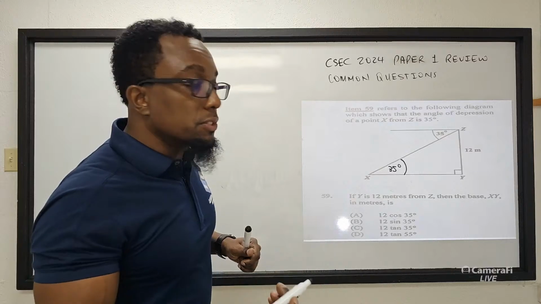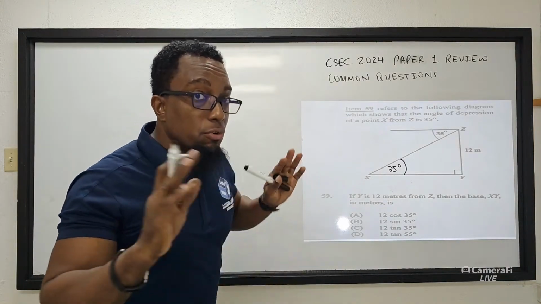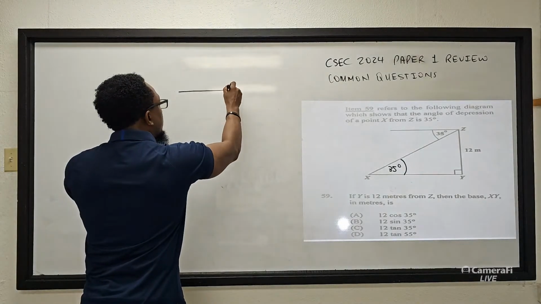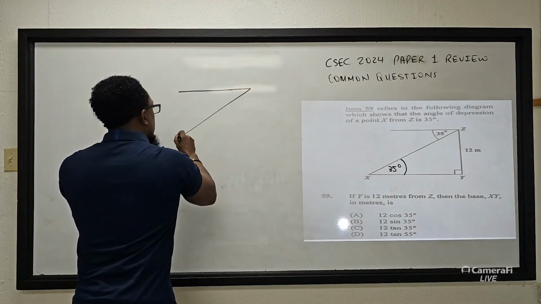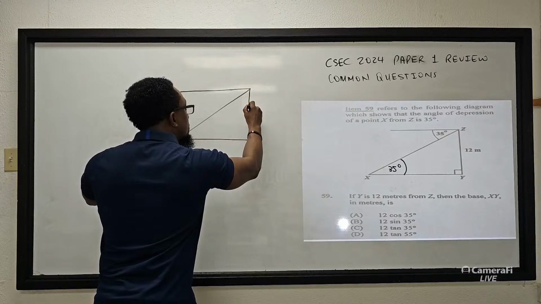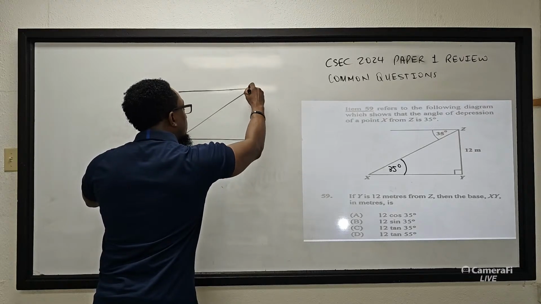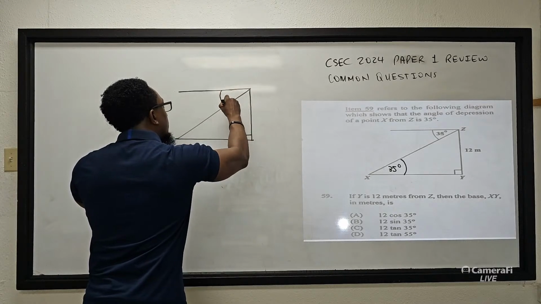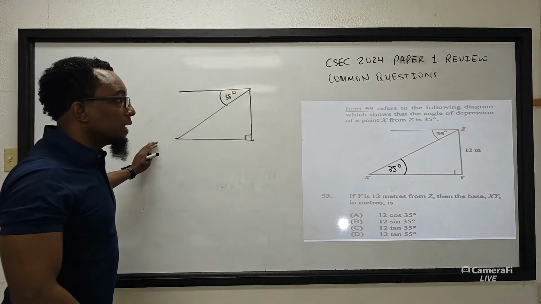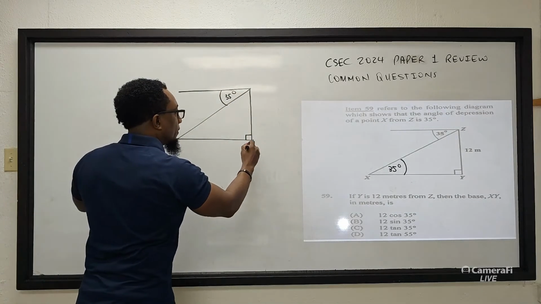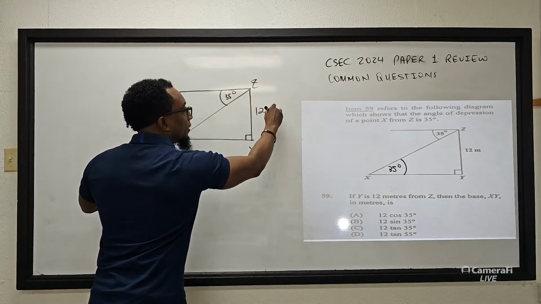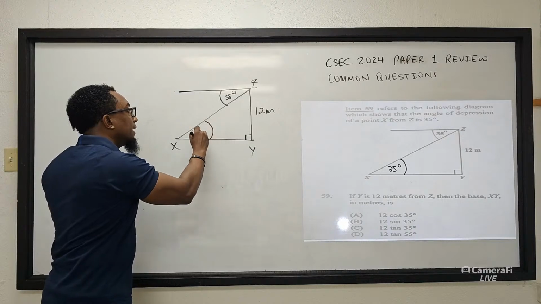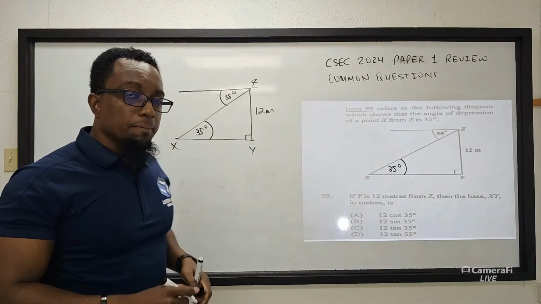And what some students will do, which is not wrong, but it will not be the option, I'll show you. Be very careful if you see this question. Some students will tell themselves, let me use these Z-shaped alternate angles to get this angle inside of the right angle triangle.